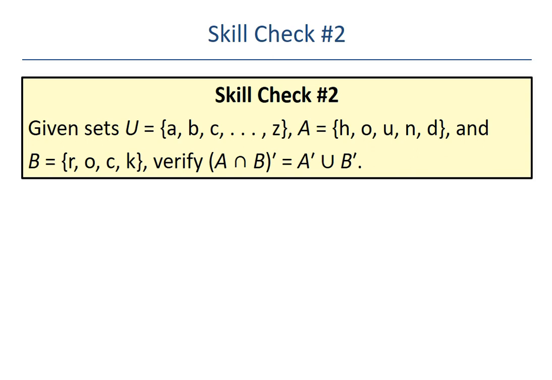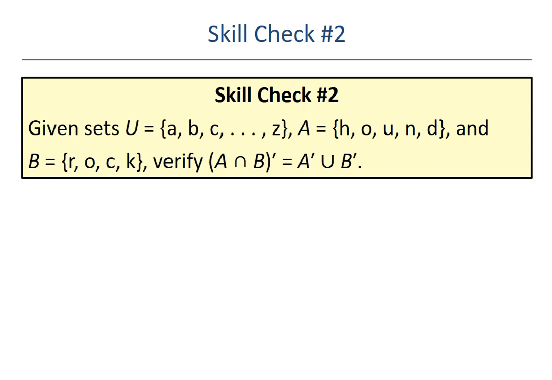Now, here is a self-check. You're given the alphabet as the universe, but set A is now hound, and set B is rock, and they want you to verify.